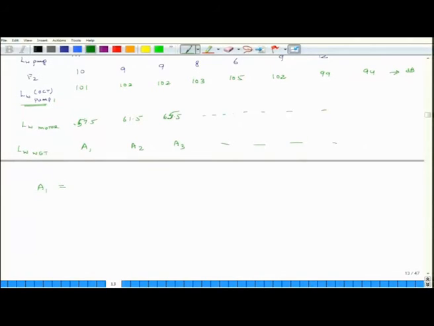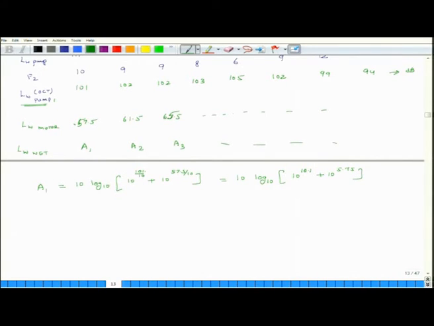So, that is equal to 10 log of 10 to the power of 101 by 10 plus 10 to the power of 57.5 by 10. So, if you do the math, what you get is 10 log of 10 to the power of 10.1 plus 10 to the power of 5.75.